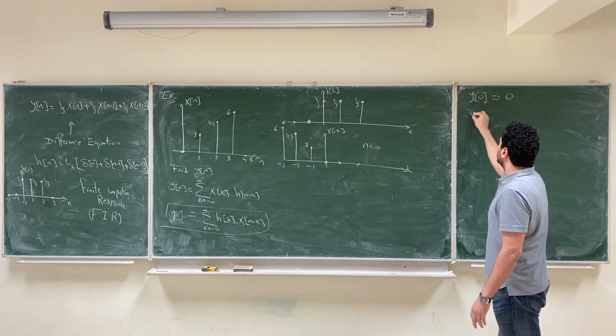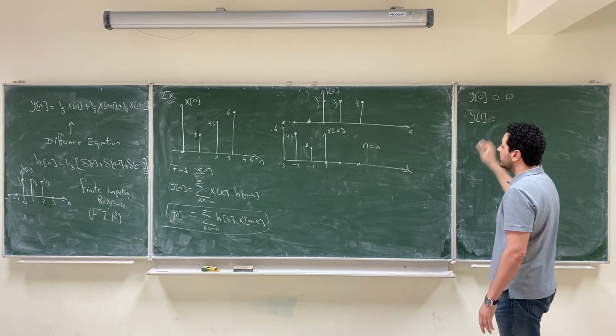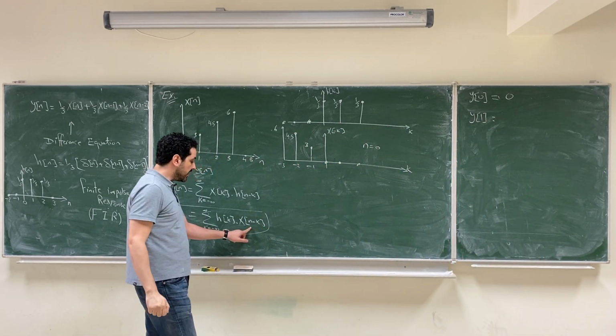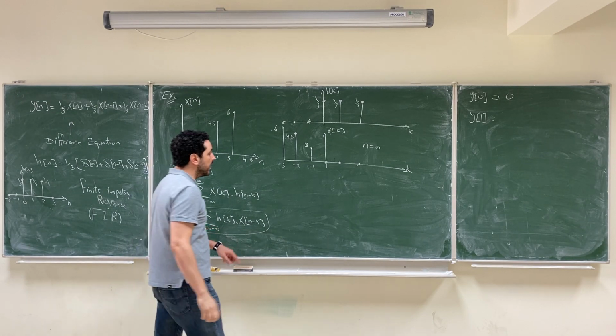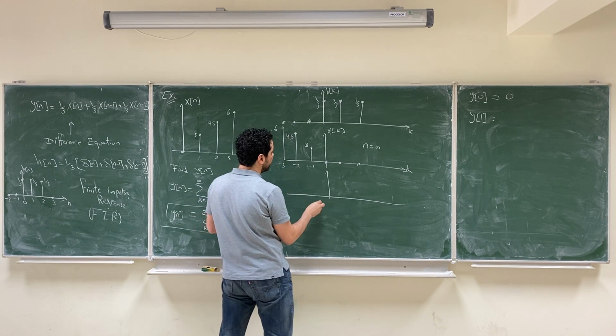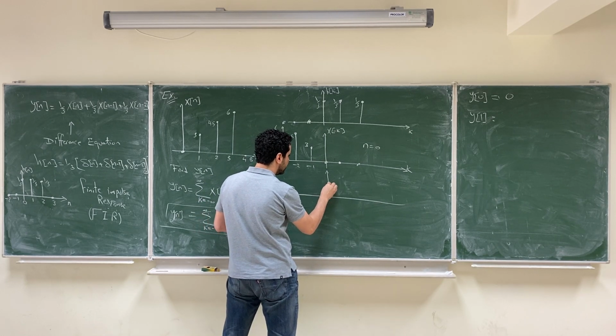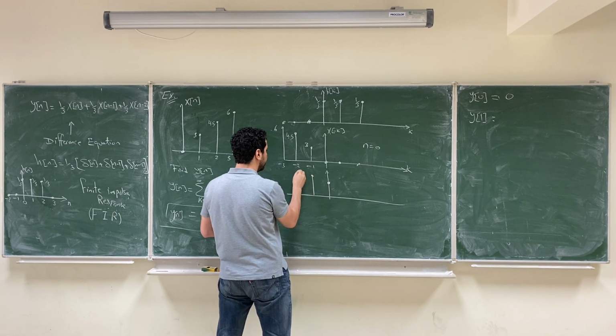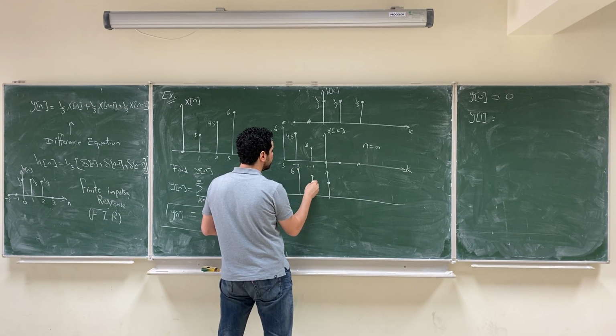Then, in order to calculate y of 1, you are going to shift x by 1 to the right. So x of 1 minus k will appear as 3 here, 4.5 here, and 6 here.